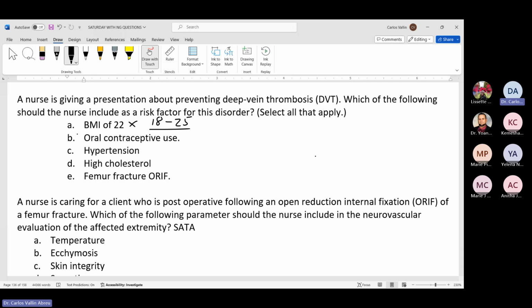But yes, oral contraceptive can increase the risk, especially if the woman smokes, because you can have a woman that is a smoker and also uses oral contraceptive. So now there are two risk factors: one mild, the oral contraceptive, and one severe, smoking.